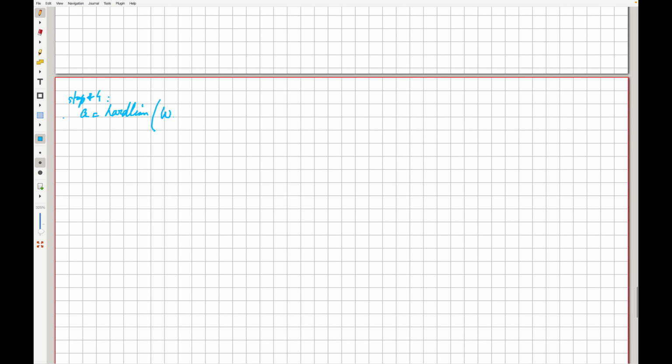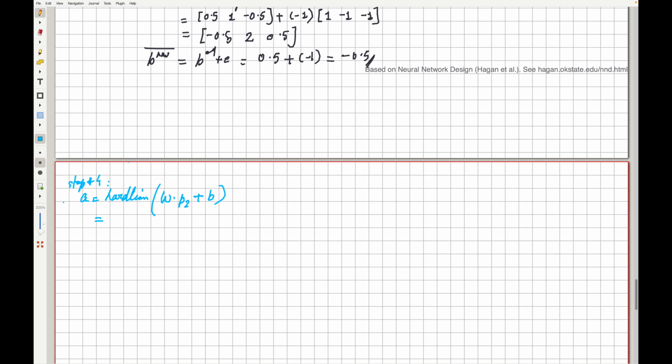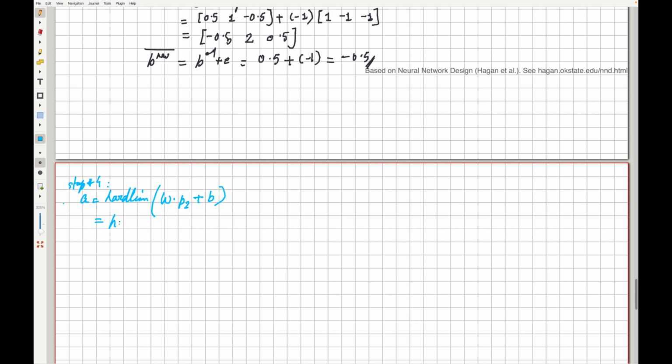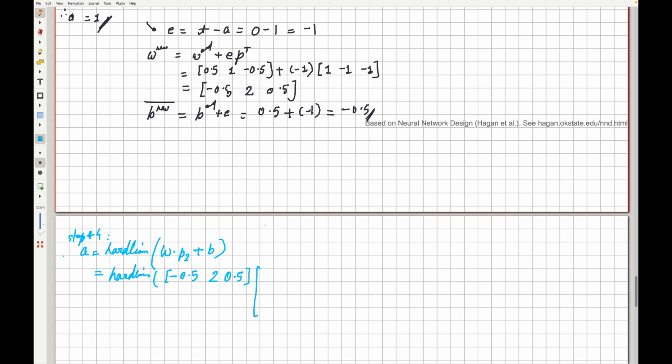So W dot P2, and then we just add the bias term there. What we have is the new value for W. So hardlim, and the new value for W is minus 0.5, 2, 0.5, and the value for P2 is what?